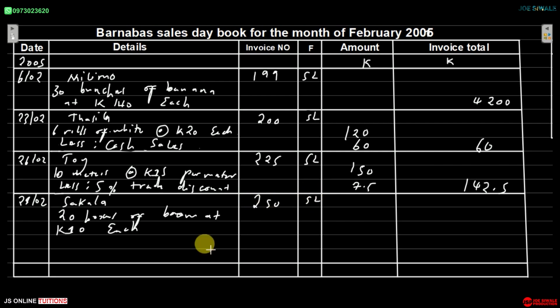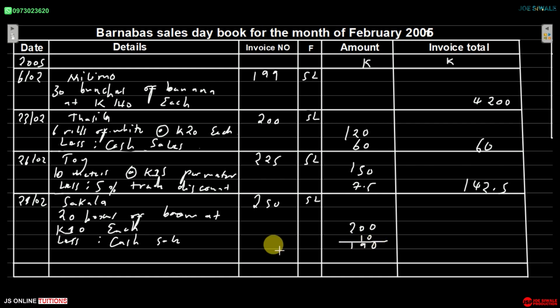So we're going to say 20 multiplied by 10, we're going to have 200. And we know that Siwale paid 10 kwacha by cash, so we're going to say less cash sales of 10. That means that our answer there is going to be 190.